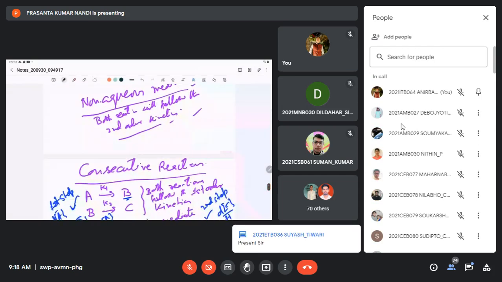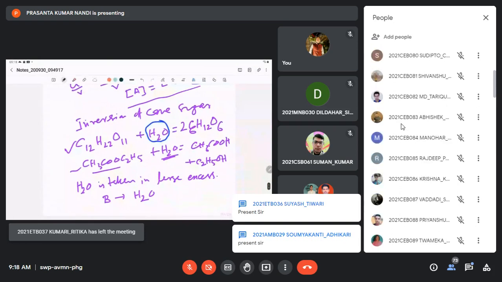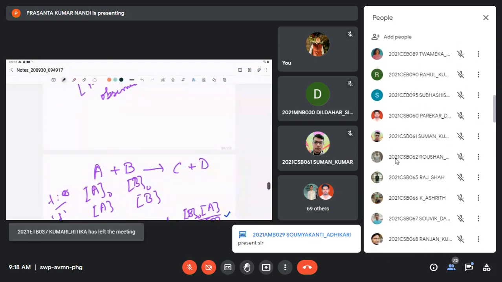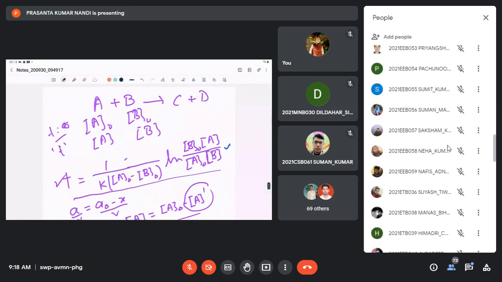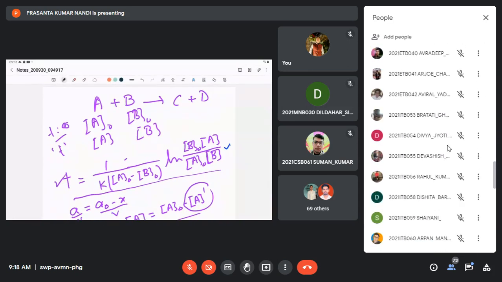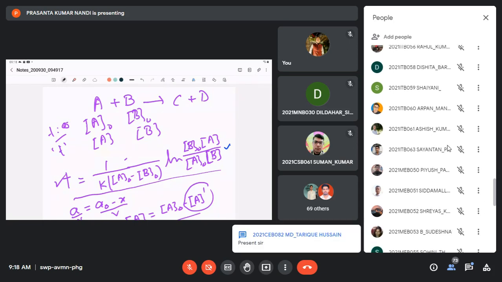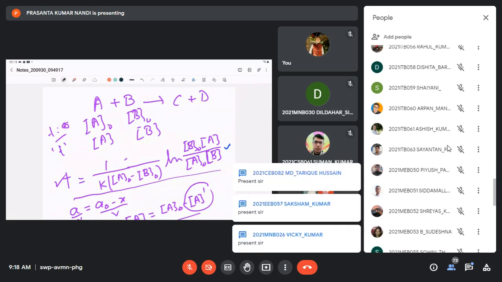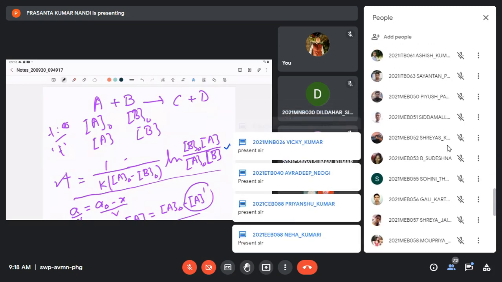Here you can see that suppose this is the reaction A plus B to C plus D. These are the initial concentrations A0 and B0, and at any time t, concentration of A and B is written A, B.